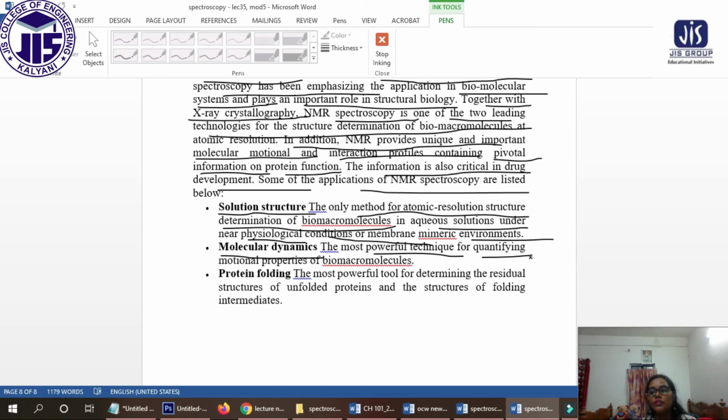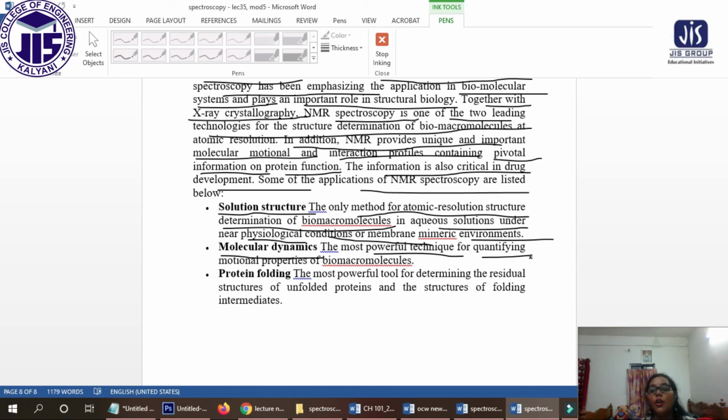This NMR technique can also be used for protein folding, the most powerful tool for determining the residual structures of unfolded proteins and the structures of folding intermediates.